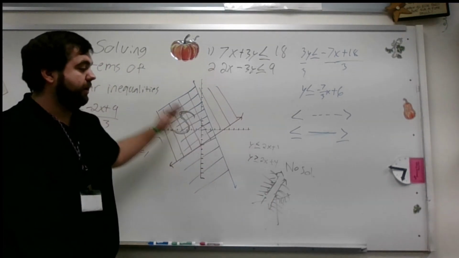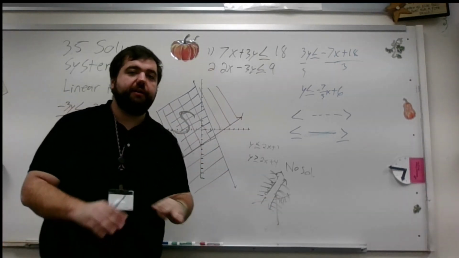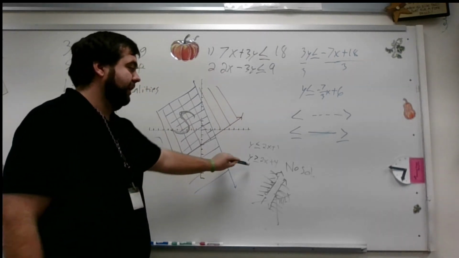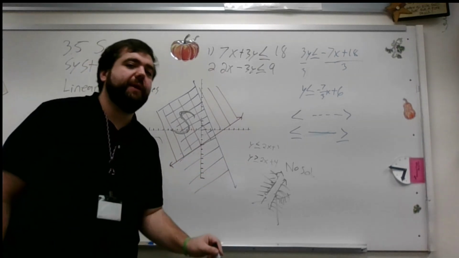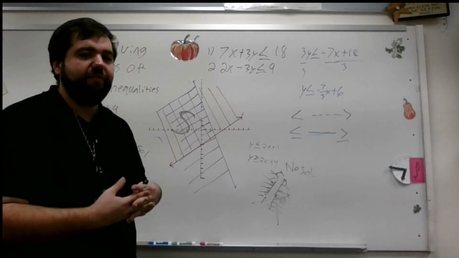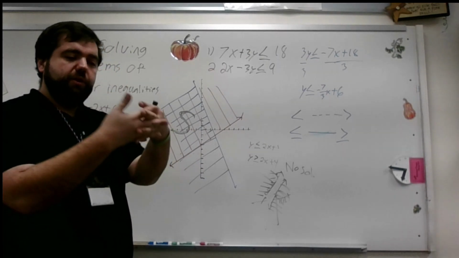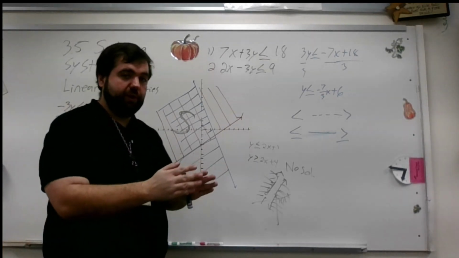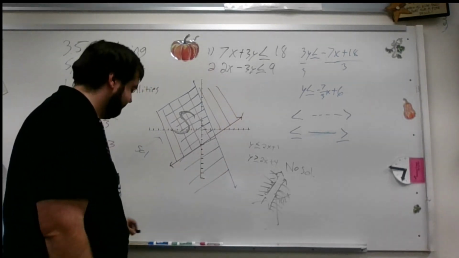I'm going above that line, below that line, they never intersect. So that's one thing to pay attention to. If you have parallel lines, don't immediately go into no solution. Graph them. If there's no double shaded area, then it's no solution. But if it's in between the lines, that's your solution.